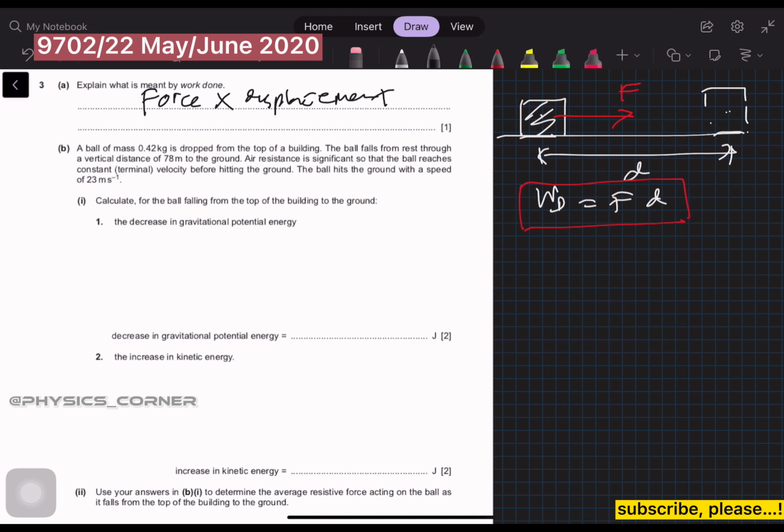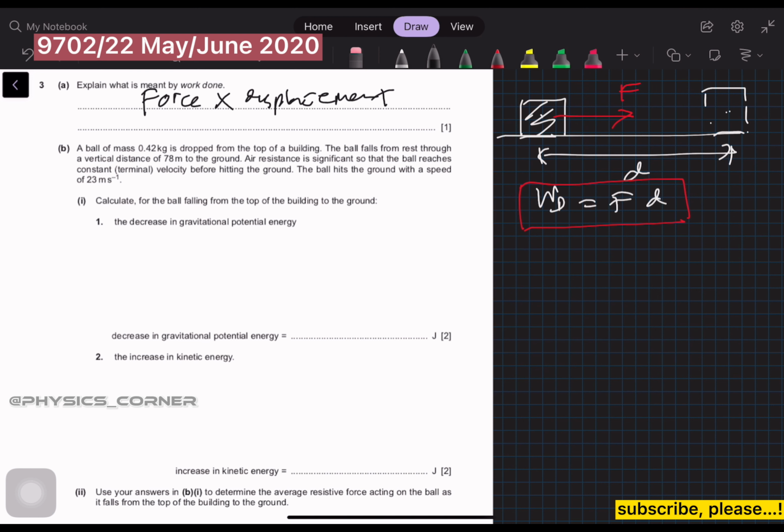The ball hits the ground with a speed of 23 meter second minus 1. Calculate for the ball falling from the top of the building to the ground the decrease in gravitational potential energy, and the increase in kinetic energy.